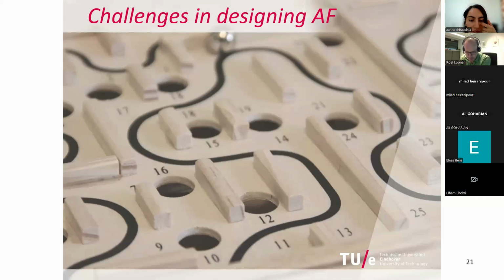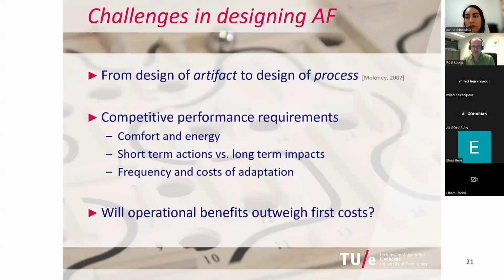But there are also a couple of good reasons for that, related to the fact that the design and implementation of these adaptive facades tends to be much more complex than that of regular facades.